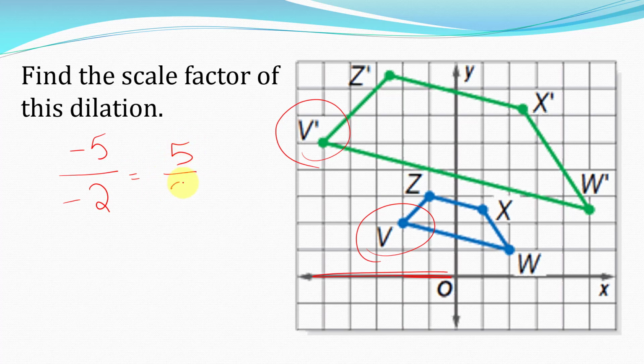So reduce those, the negatives will cancel, and 5/2 is the scale factor. So 5/2 is really 2.5 as well. So the blue one, the pre-image, times 2.5 gave you the green one. So the green one is 2.5 times larger than the blue one.